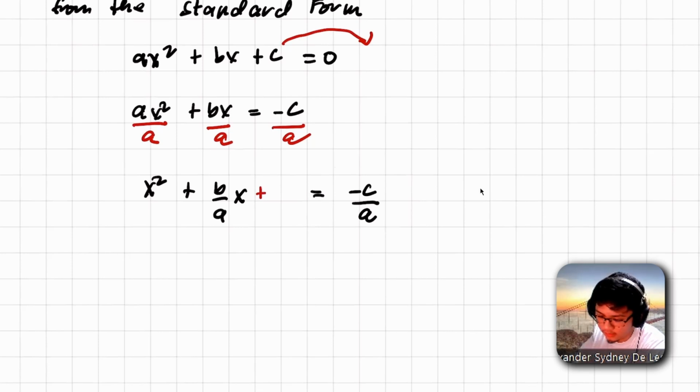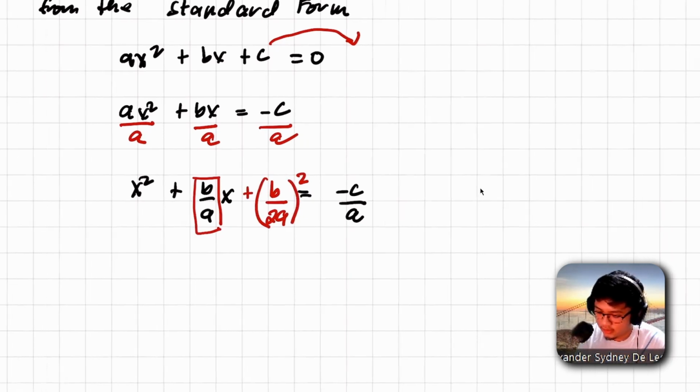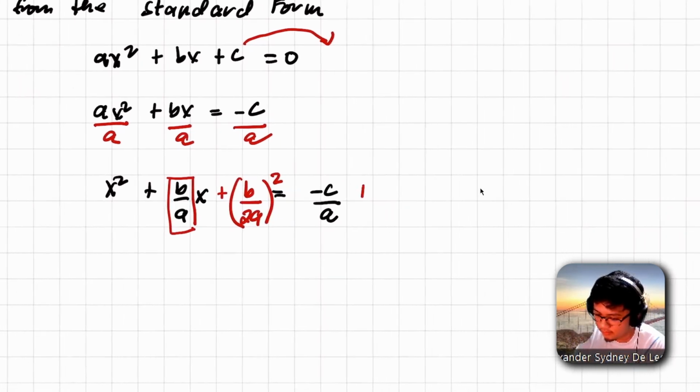So, ito yun, di ba? Kukunin natin yung 1/2 niyan, tapos i-square natin. So, ano yun? B over 2a, tapos i-square natin. Okay? I-add natin yan sa kabilang side.